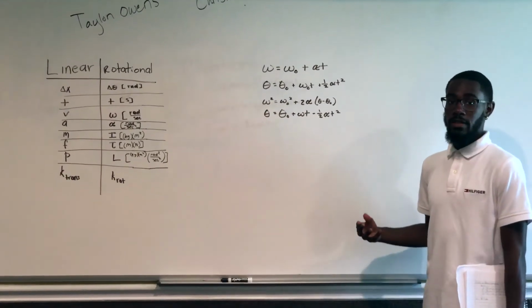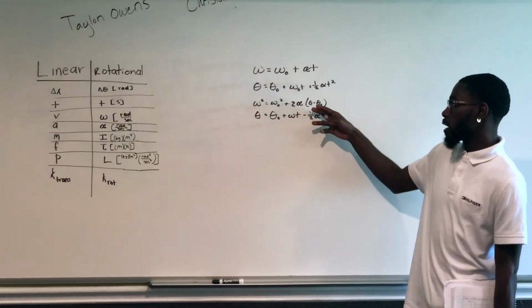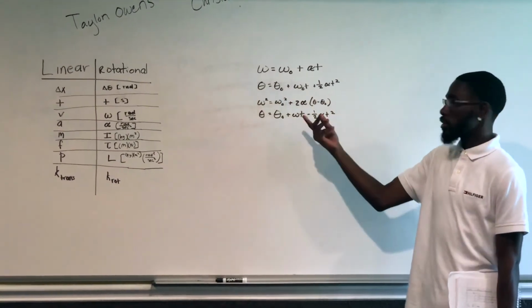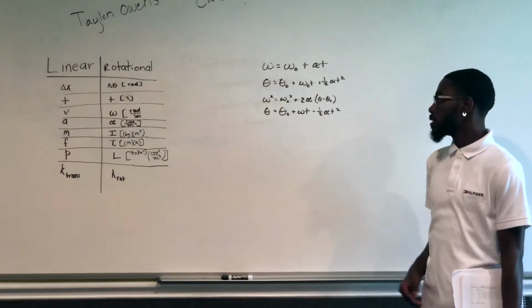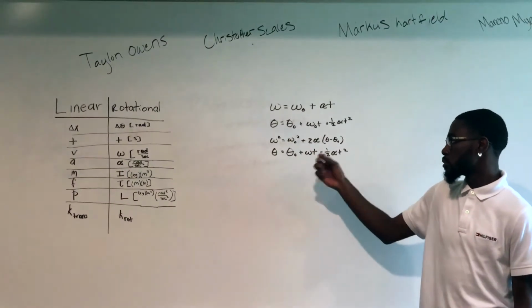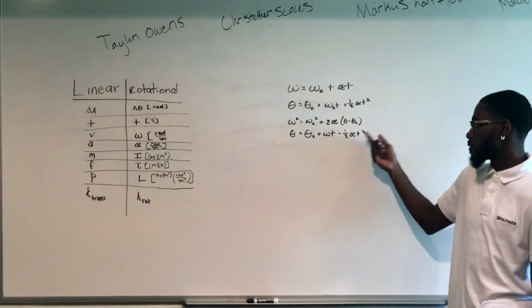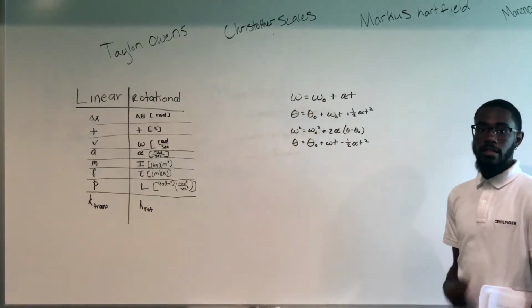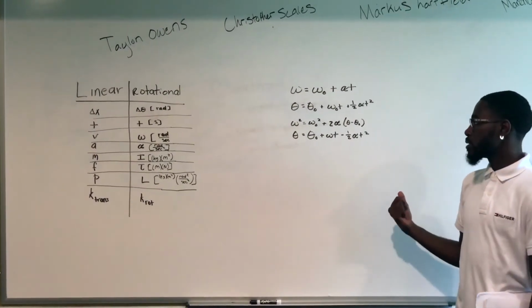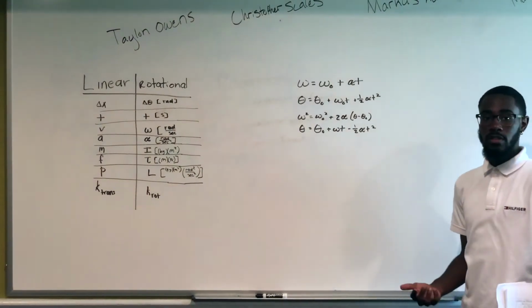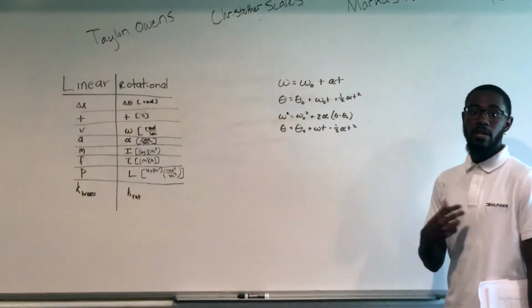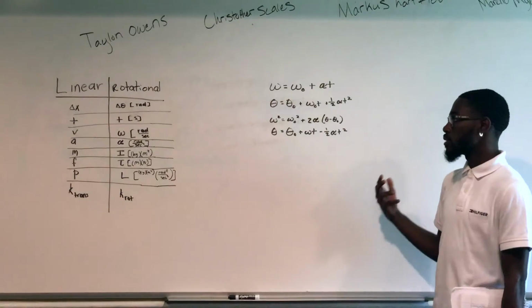In some cases, they may give you the final theta or initial theta, so it's better to just write them out. Theta equals theta initial plus omega t minus 1/2 alpha t squared. Another thing to note is that theta is measured in revolutions, so if the problem says revolutions, they're referring to theta.